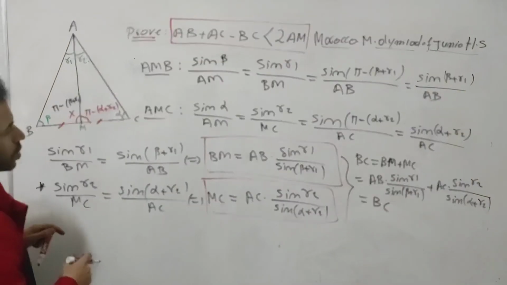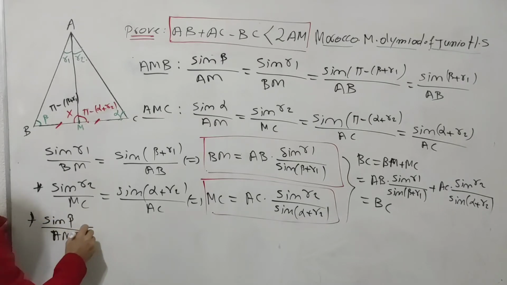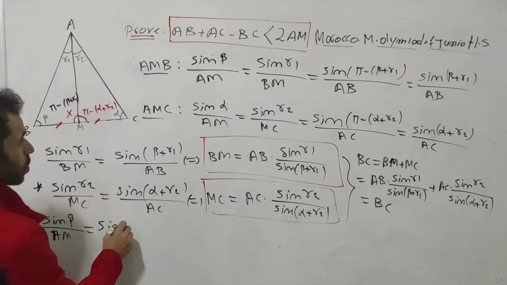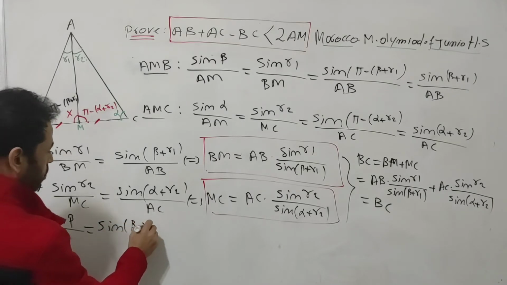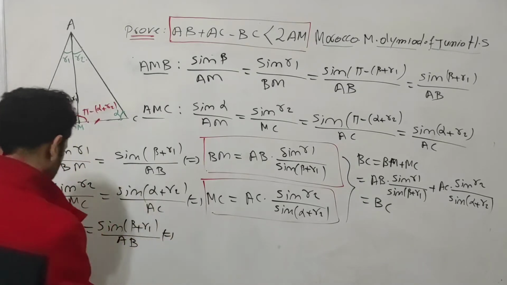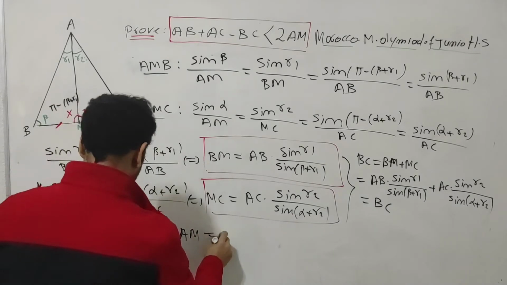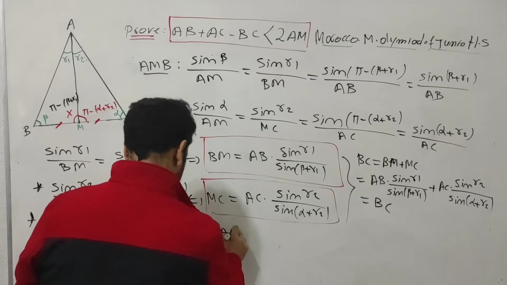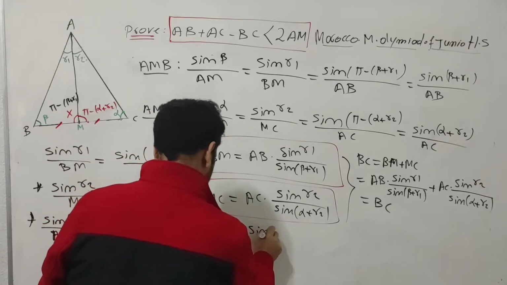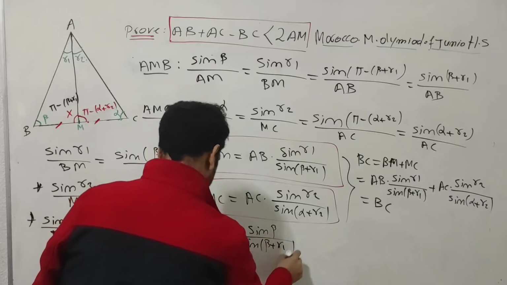Now I'm going to calculate AM. On the other hand, I have sine of beta over the distance AM equal to sine of beta plus gamma 1 over the distance AB. Equivalently, AM equals the distance AB multiplied by sine beta over sine of beta plus gamma 1.